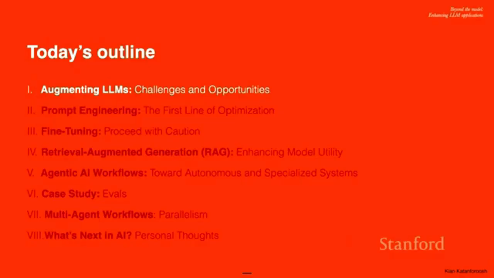RAGs. And then we'll talk about agentic AI workflows. I'll define it. Andrew Ng is one of the first ones who have called this trend agentic AI workflows. And so we'll look at the definition that Andrew gives to agentic workflows, and then we'll start seeing examples. The section 6 is very practical.